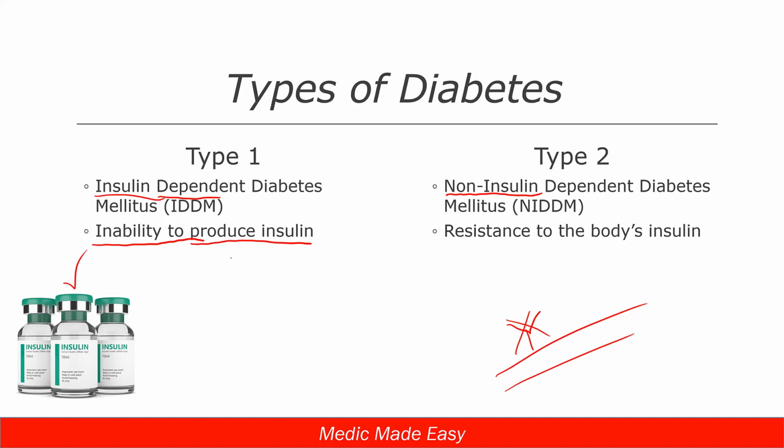There was some different terminology that they used. They used to say type 1 was juvenile onset diabetes, and type 2 was adult onset, referencing that type 1 was typically seen earlier in life.